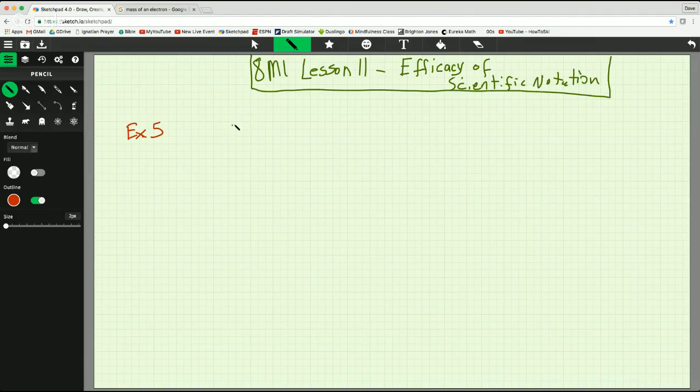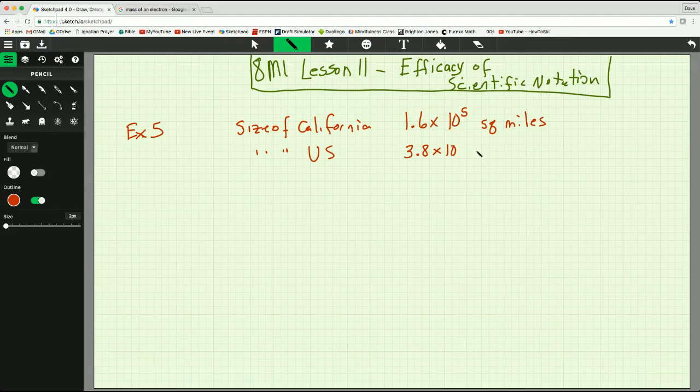And in this example, we're going to talk about the size of California. And we're going to do it in square miles. So the size of California is about 1.6 times 10 to the 5th square miles. And the size of the US is 3.8 times 10 to the 6th square miles.